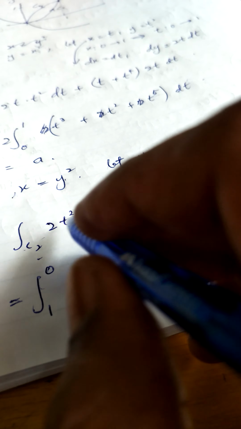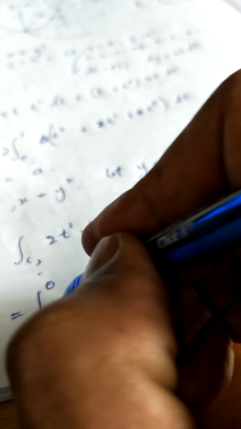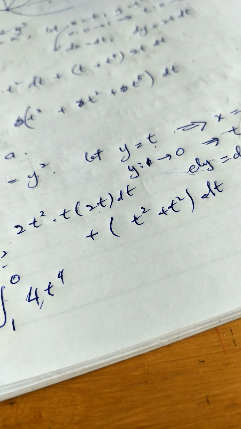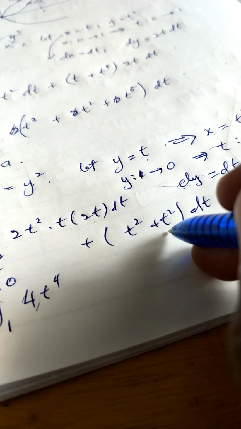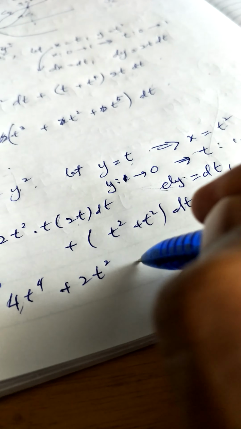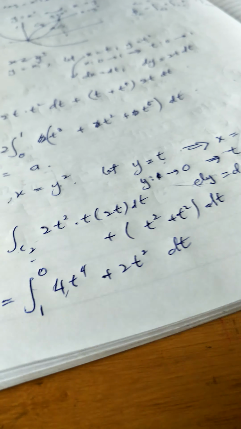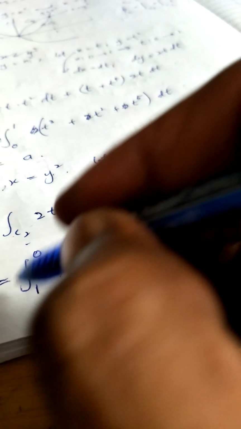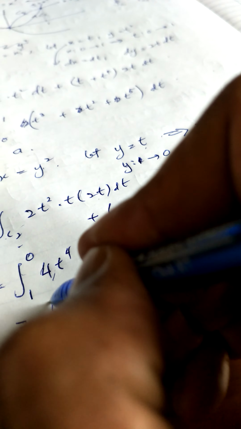Here you have 2t^4, so 4t^4, right? Here you have 2t squared dt. So again you can evaluate this. Let's call this b.